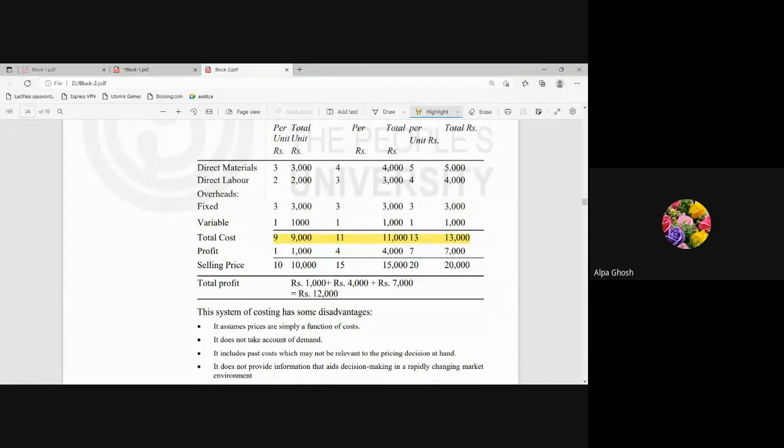When you subtract the total cost from your selling price, the balance is your profit, and this profit we need to ascertain. So your profit is 1,000, 4,000 and 7,000, which you can easily see. It is reflected on your screen. I'm just highlighting the profits with pink color.